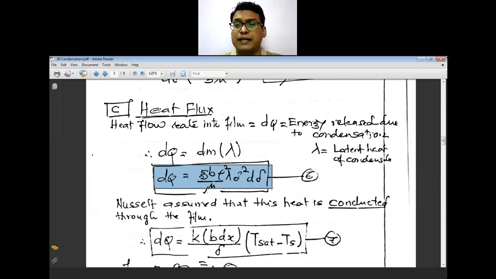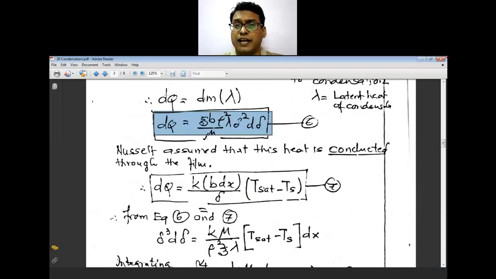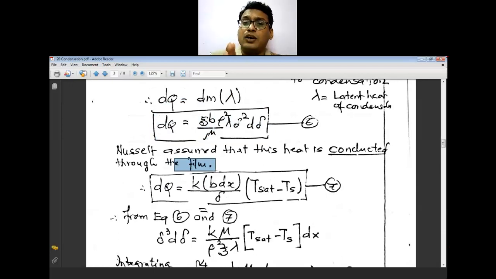Nusselt assumed that this heat is conducted through the film. So the vapors are getting condensed, and this is conducted through the film. Two different things are there: from the vapors to the liquid film, and through the liquid film to the metal wall.